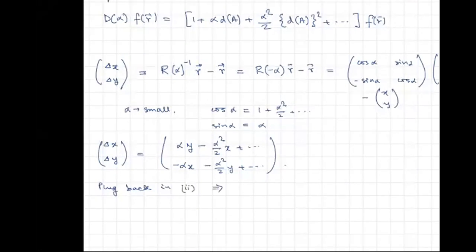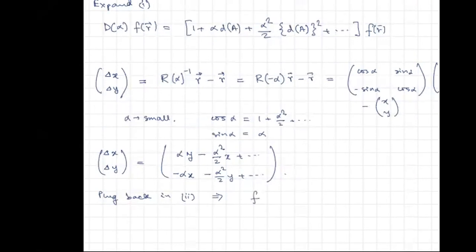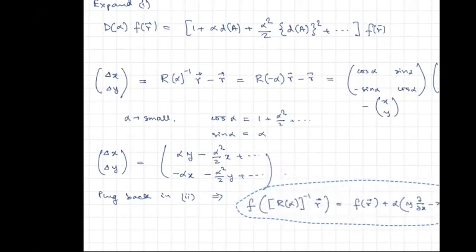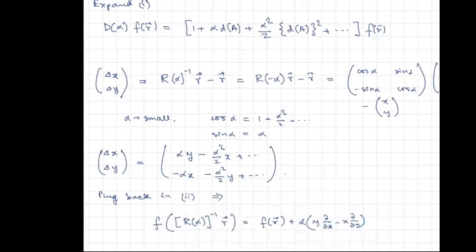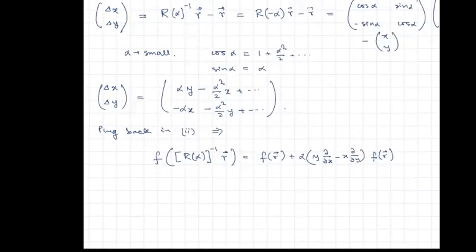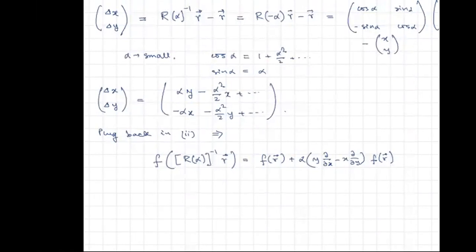If you do that, then what you'll find is that f of R alpha inverse R is equal to f of R plus alpha of y del del x minus x del del y into f of R. So you see that this guy is going to be the generator.